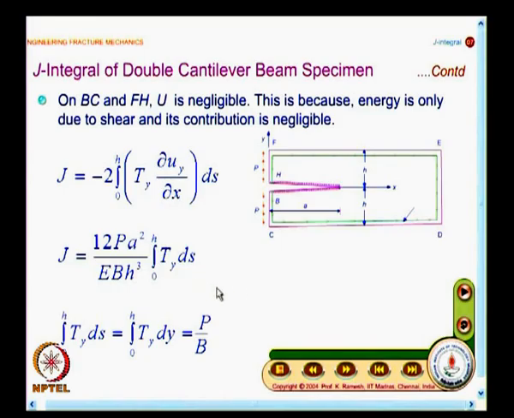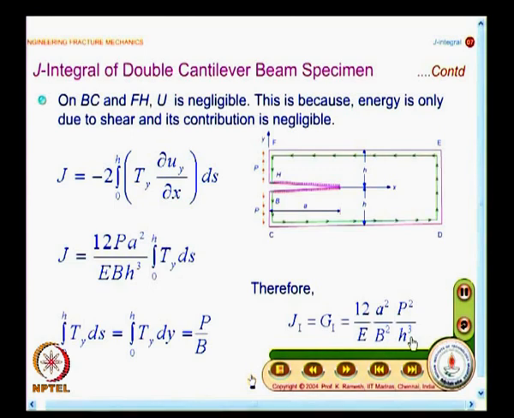And when you substitute this, you get the final expression: J1 equal to G1 equal to 12 by E, a squared by b squared, multiplied by P squared by h cubed.